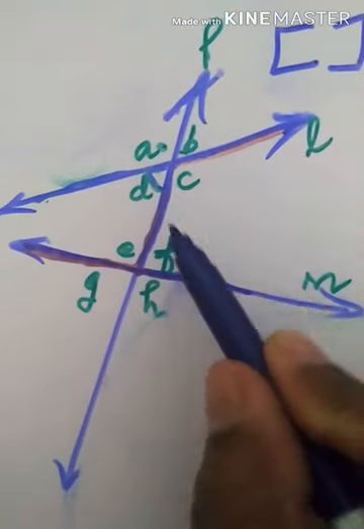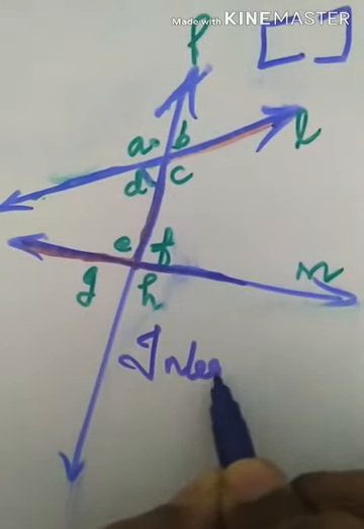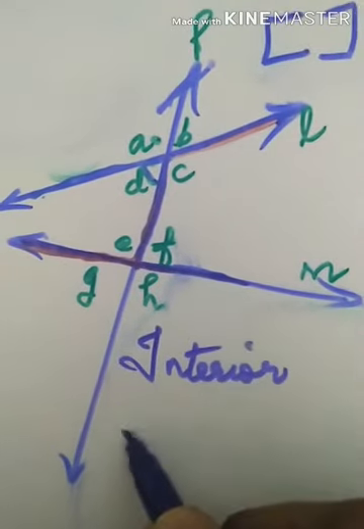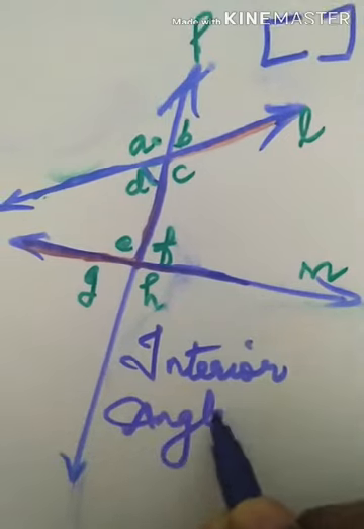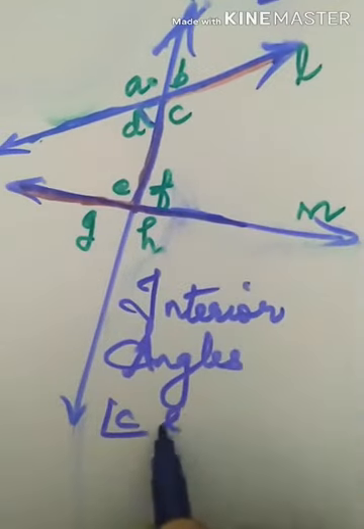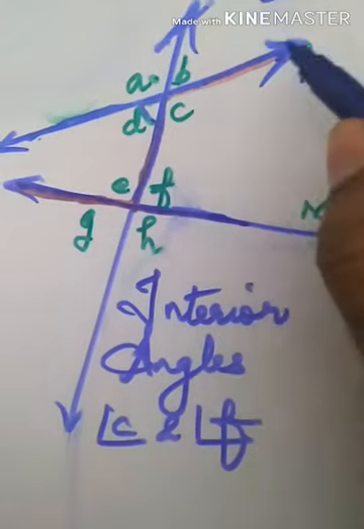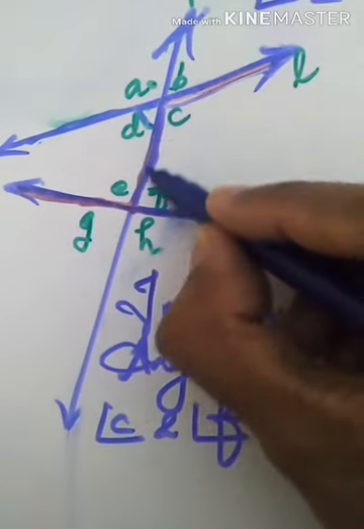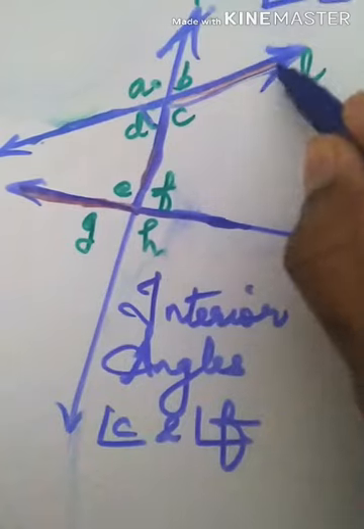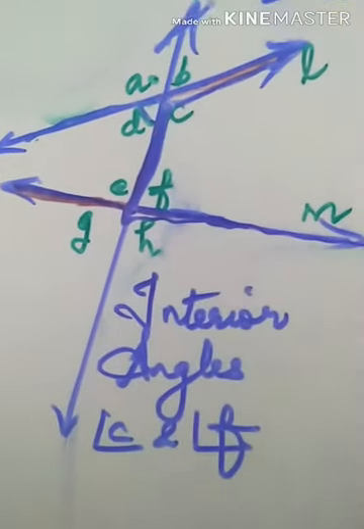Angle C and angle F. These two make a C shape. See, angle C and angle F. Angle C is here and angle F is from here to this part.